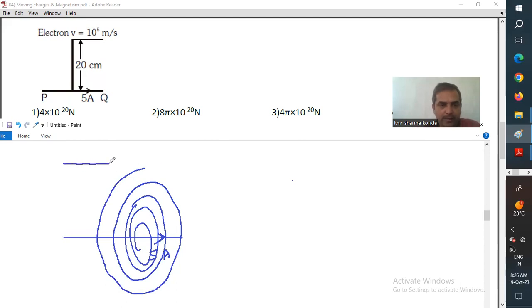So now the charged particle is moving like this. This is the direction of velocity of the charged particle. What is the velocity of the charged particle? The charged particle they mentioned is an electron, 10 to the power of 5 meters per second.